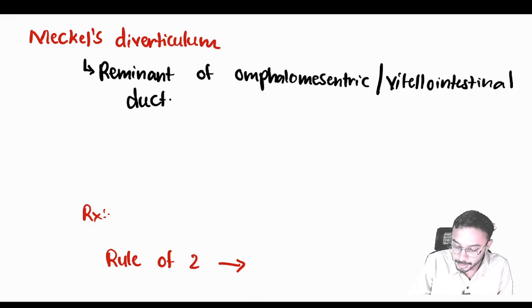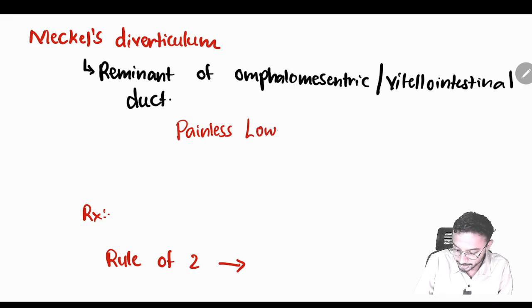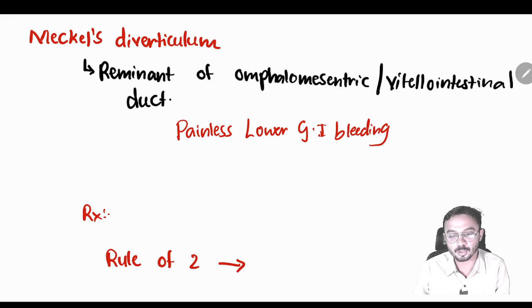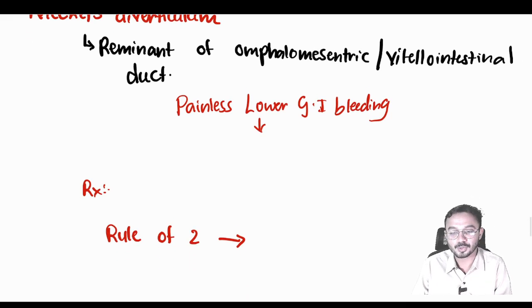And remember, key point: painless lower GI bleeding is seen where? Meckel's diverticulum. Painless lower GI bleeding, Meckel's diverticulum. And what kind of stool? Tell me. Red currant?